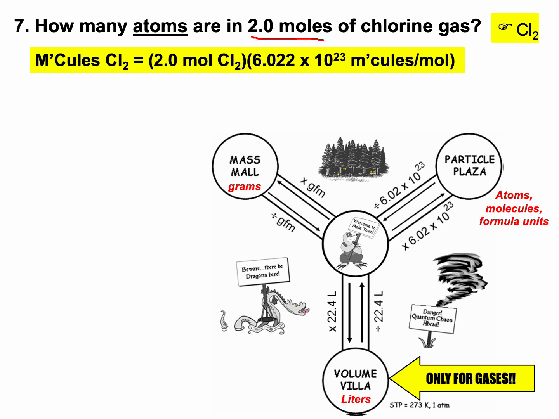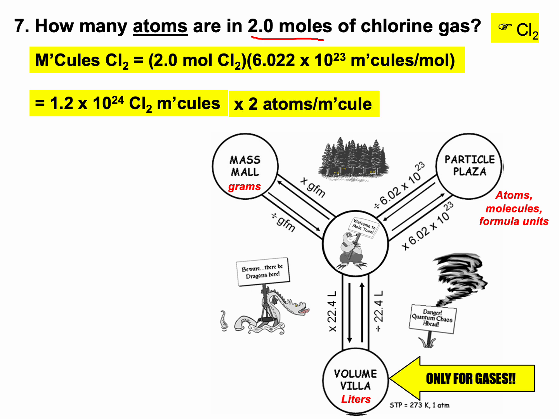So we say, all right, well, molecules of chlorine gas is going to be, we have 2 moles times Avogadro's number. That gives us 1.2 times 10 to the 24th chlorine molecules. Then we're going to multiply by 2 because there's 2 atoms per molecule. And it gives us 2.4 times 10 to the 24th atoms of chlorine.